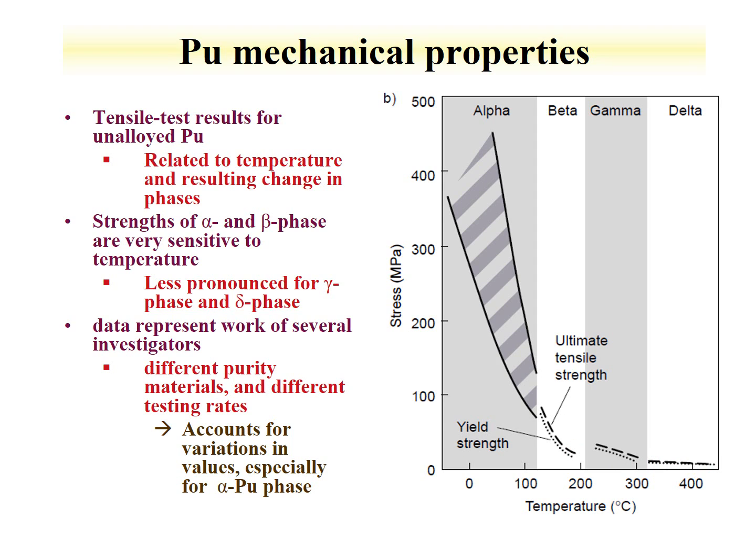Now, the ranges are fairly wide, and this is a compilation of different work, and there might be some variations in the behavior and properties of the materials, particularly for the alpha phase plutonium. That's why we get such a large range. But what we do see as consistent is this large change in stress as a function of temperature. So over 100 degrees, we go from something on the order of 100 to 400 megapascal, whereas for the gamma and delta phases, over 100 degrees for the delta phase, we hardly get any stress change.